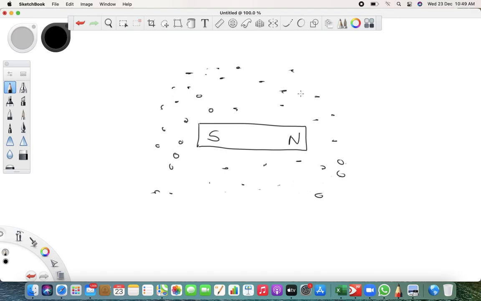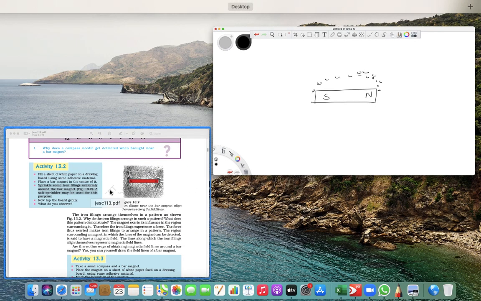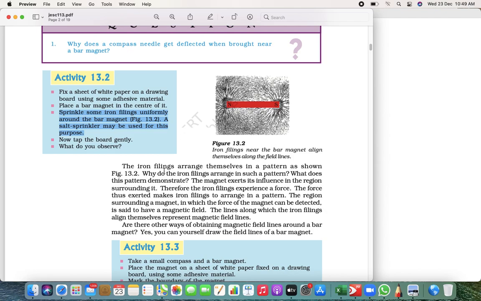So when you put this near the bar magnet, the iron filings are going to get arranged in some particular manner. Let me show it in your textbook. Can you see this figure here?